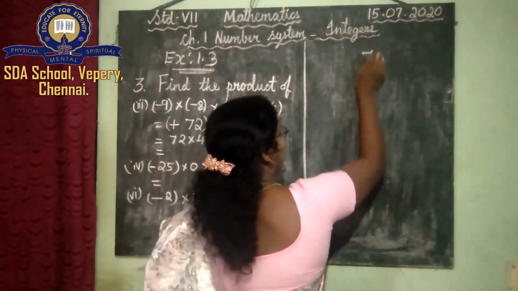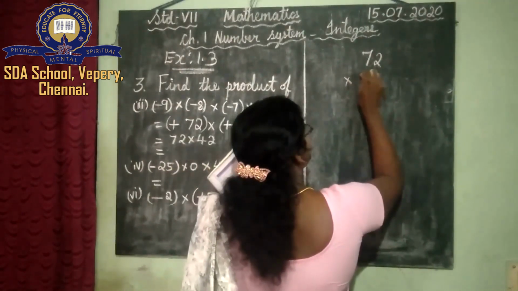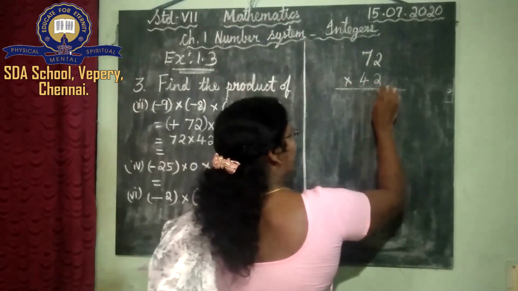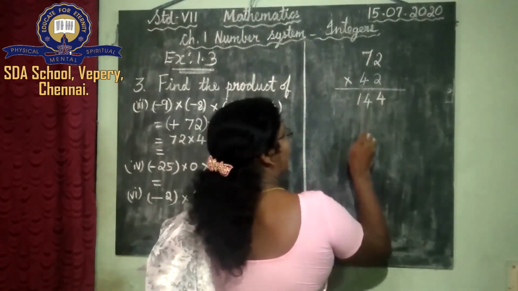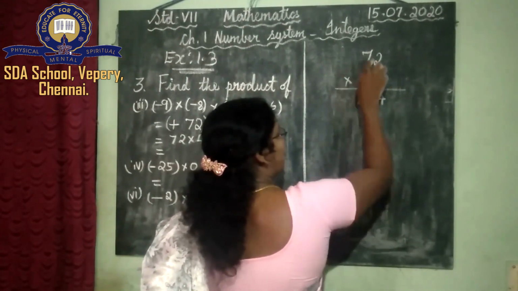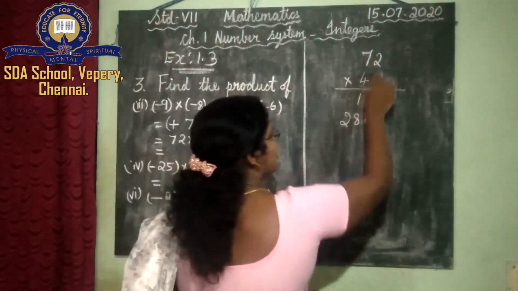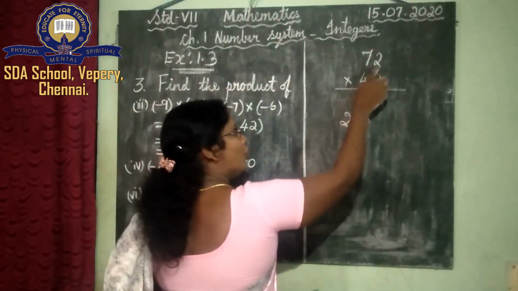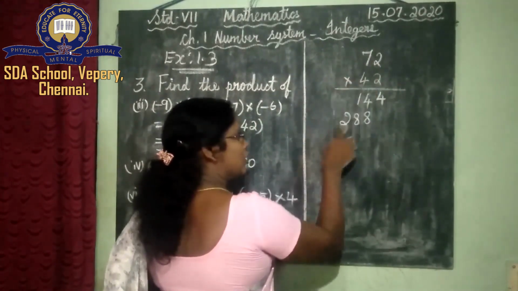Shall we multiply here? 72 into 42. 2 2s are 4. 2 7s are 14. 4 2s are 8. 4 7s are 28.